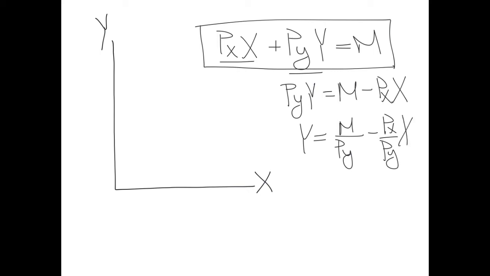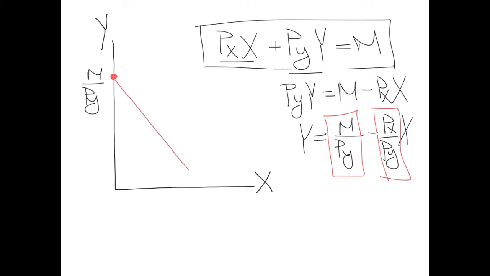So this is a budget line essentially. We have two terms as usual. The first term is the y-intercept, M over Py, and the second term is the slope of the curve. We can draw this line. So we start with the y-intercept, which is right here, and again it's going to be equal to M over Py, and then the slope of the curve is going to be determined by Px over Py, and this is a linear curve.